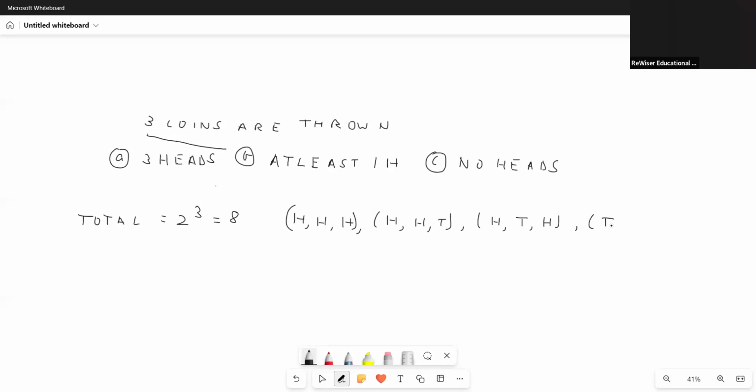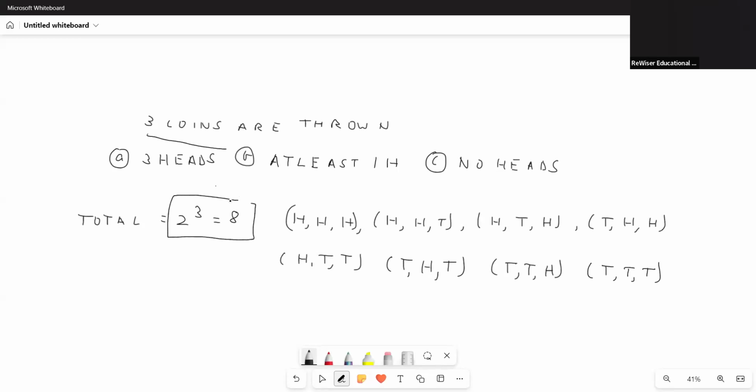Tail, head, head. Head, tail, tail. Tail, head, tail. Tail, tail, head, or it can be all tails. We count that we have got the 8 outcomes that we have to get.